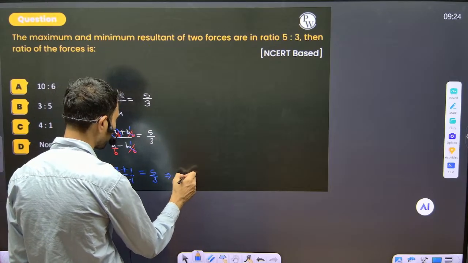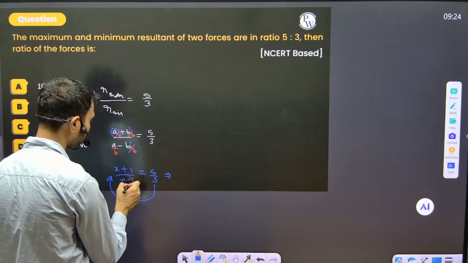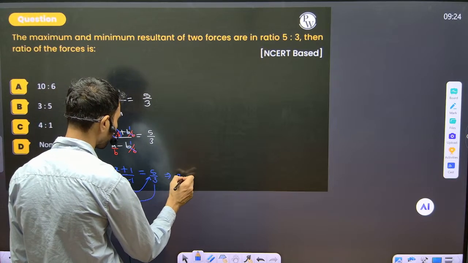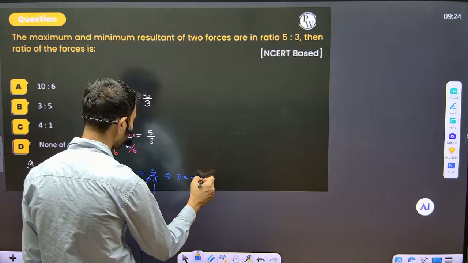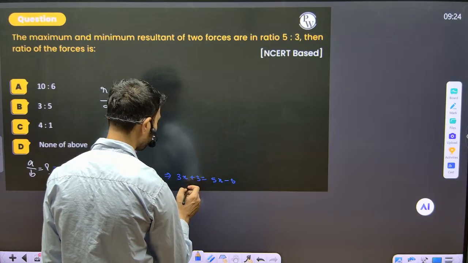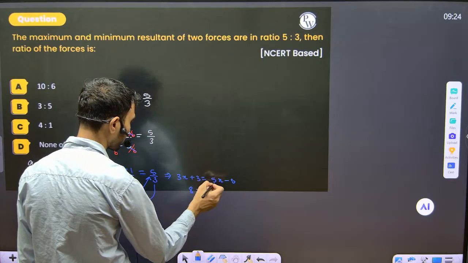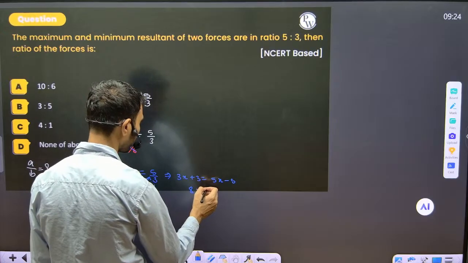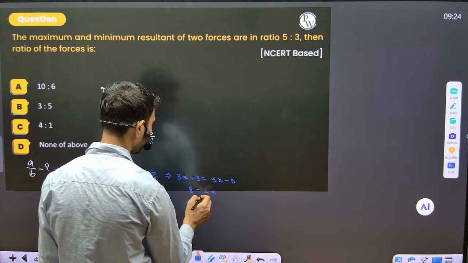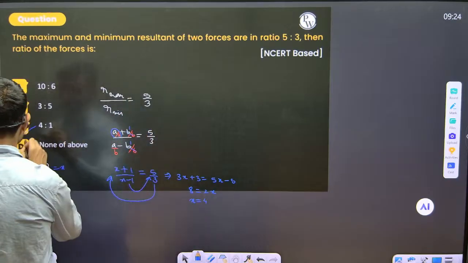Now bring 3 on this side and this on that side, so it becomes 3x plus 3 equal to 5x minus 5. So 5 goes here, it becomes 8 equal to 2x. So x becomes 4. So we get 4:1.